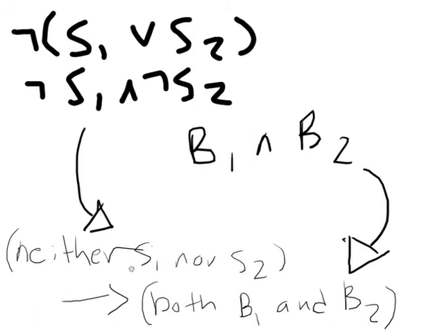So what we have is that not S1 and not S2, then B1 and B2. So let me erase this and start over, and I'll write out the actual formula which we have here when we substitute this one here for the antecedent and this one here for the consequent.